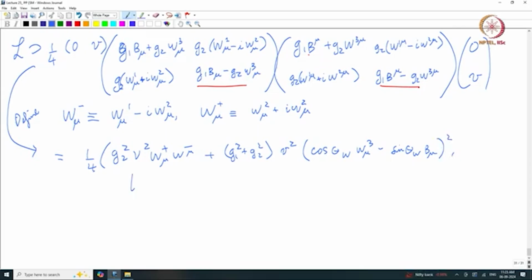I have just defined tan theta W as G1 over G2. Now go back and plug this in and convince yourself that this is exactly the combination that picks up the mass here from the Lagrangian. So I will leave you there, and in the next class we will see how to interpret this combination of fields as a whole other field.